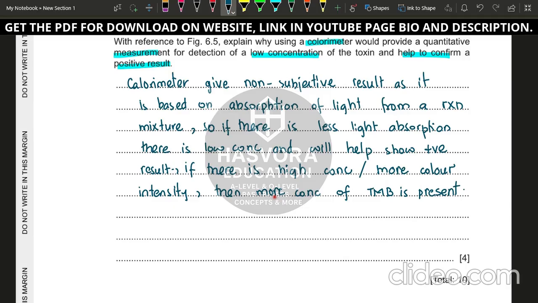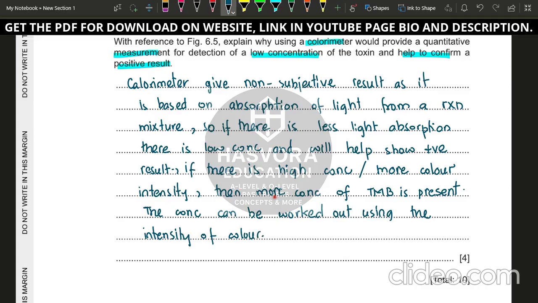And you can also write that the concentration can be worked out using the intensity of color.